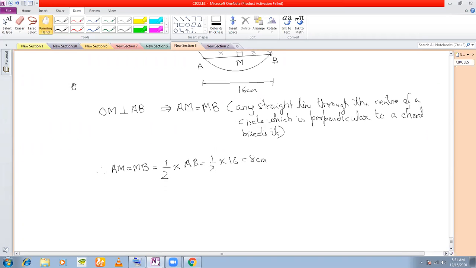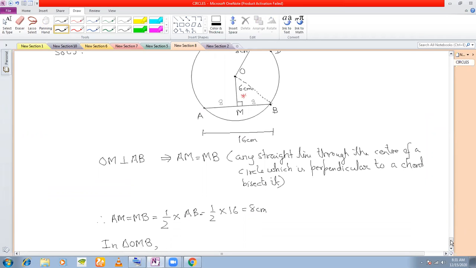In triangle OMB, OB square is equal to OM square plus MB square. OM square is 6 square and MB square is 8 square, which is 36 plus 64, which is 100.